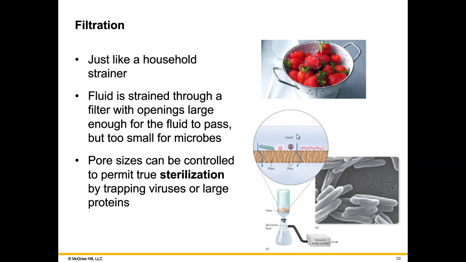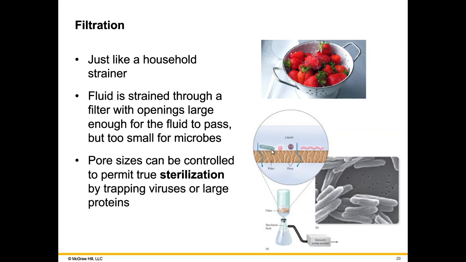So if we look at that from the side, you see the liquid in the container. Here would be the filter, the brown, and at the bottom this would be the filtered fluid in this Erlenmeyer flask.